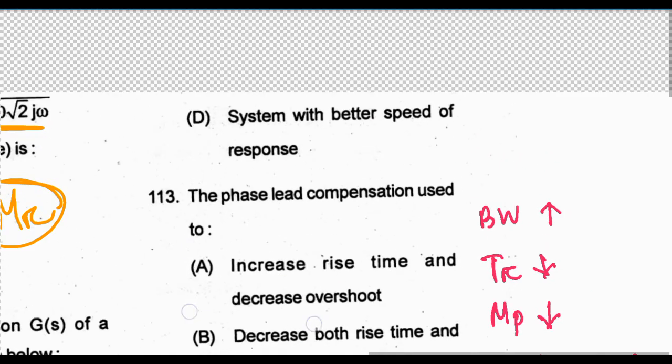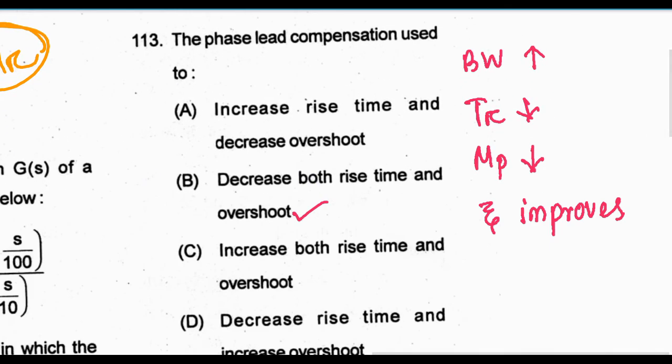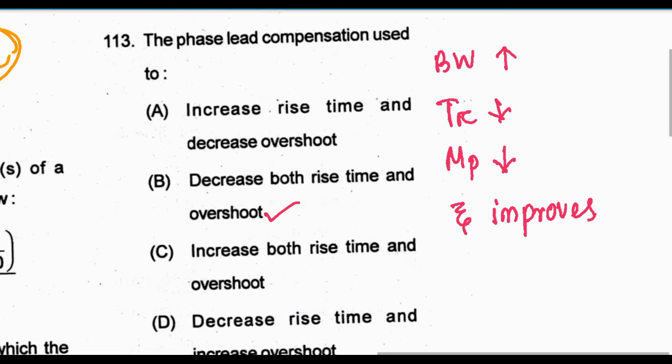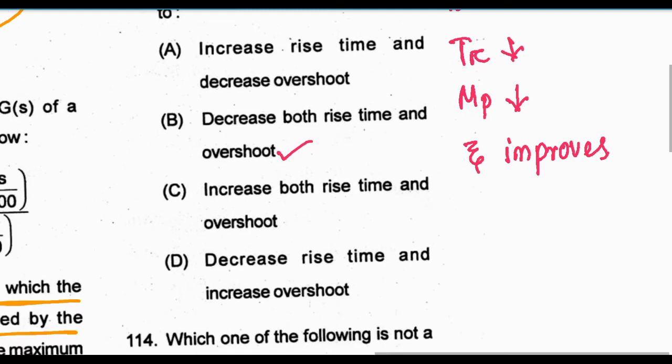Next question is question number 113. The phase lead compensation is used to: Option A, increase rise time and decrease overshoot. Option B, decrease both rise time and overshoot. Option C, increase both rise time and overshoot. Option D, decrease rise time and increase overshoot.